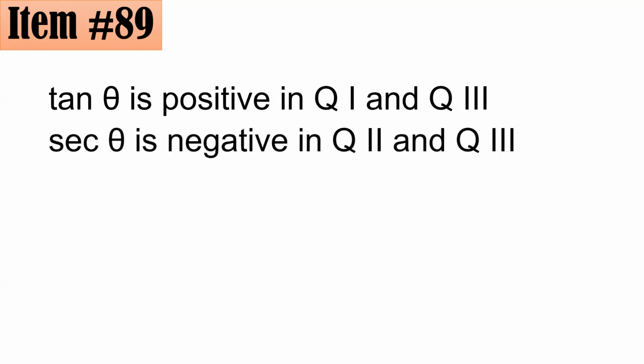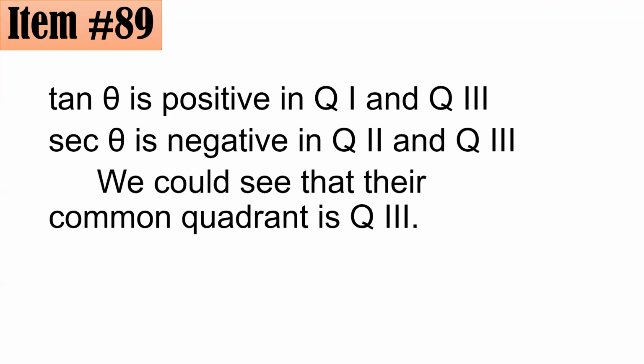But remember, secant theta is negative where cosine or x-coordinate is negative. At alam po natin na negative ang x-coordinate kapag nandyan siya sa quadrant 2 at saka quadrant 3, di po ba? And if you could see, within these two, quadrant 3 is common to both of them, or it is their intersection.